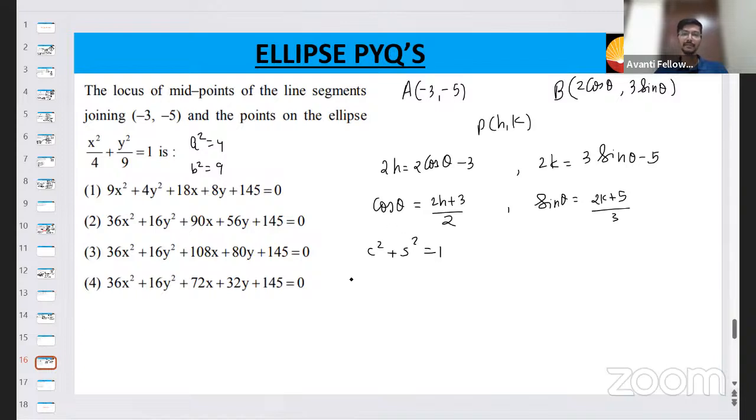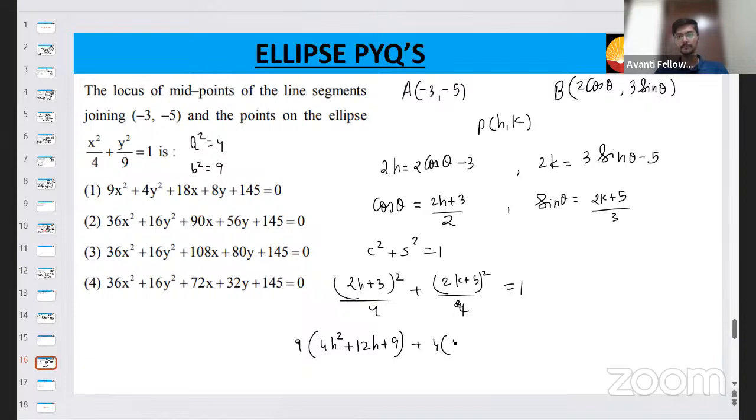So we'll eliminate the parameter, that means (2h plus 3) the whole square upon 4 plus (2k plus 5) the whole square upon 9 is equal to 1. We'll get 9 into (4h square plus 12h plus 9) plus 4 into (4k square plus 20k plus 25) is equal to 36.